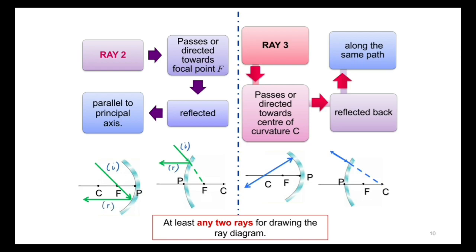In method number 3, the incident ray passes point C for concave mirror but directed toward point C for convex mirror. And then the ray is reflected back along the same path.